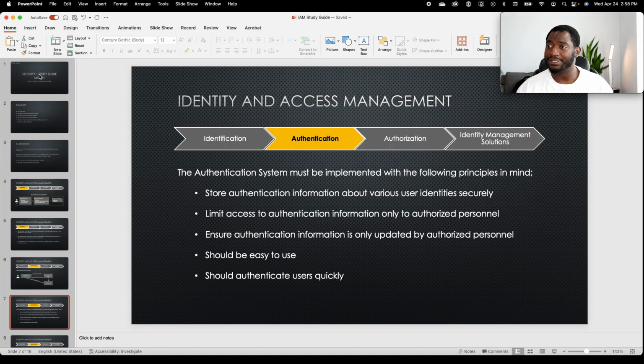The authentication system must also be designed to only be updated by authorized personnel. The authentication system should be easy to use and should enable the authentication of users quickly. So these are some principles to keep in mind for the Security Plus certification about the authentication system.